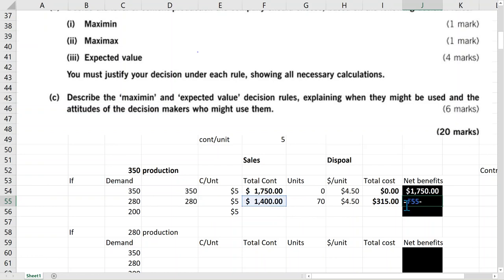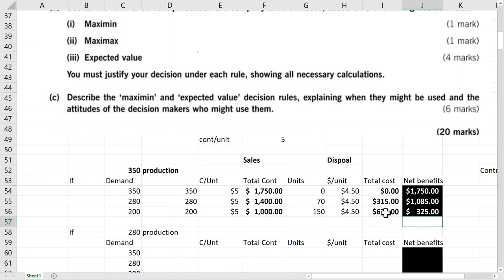So the net benefit would be 1085 if the demand is 280. If the demand is 200, we will only be able to sell 200, which will give us a contribution of 1000, and the remaining unsold has to be disposed of. So multiplying by the cost becomes 675. So we make a profit of 325.